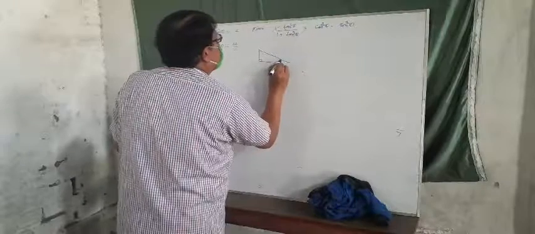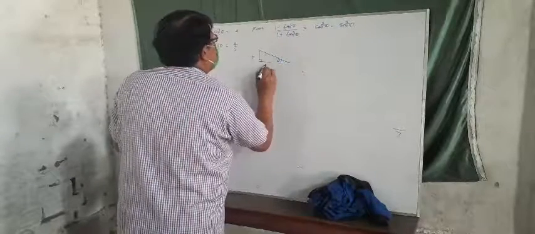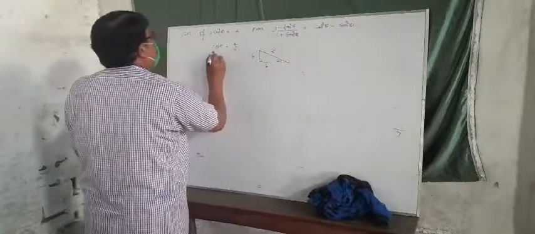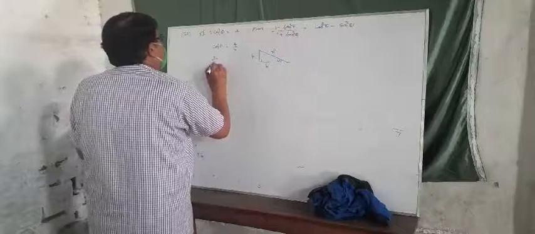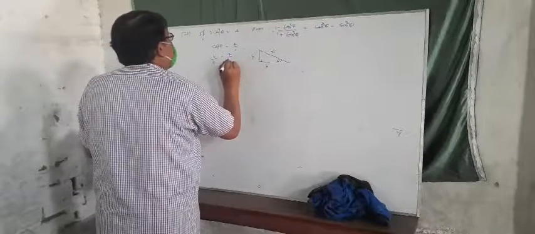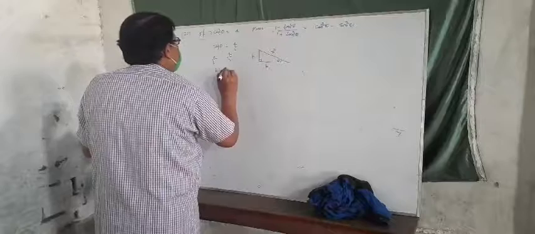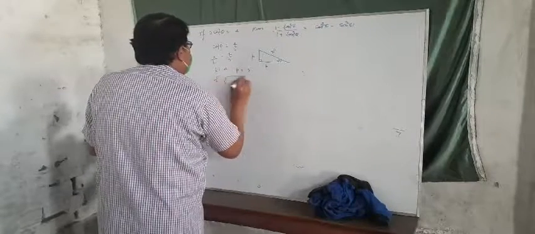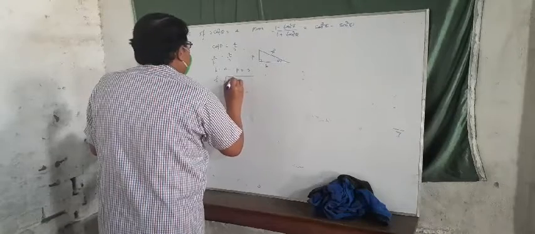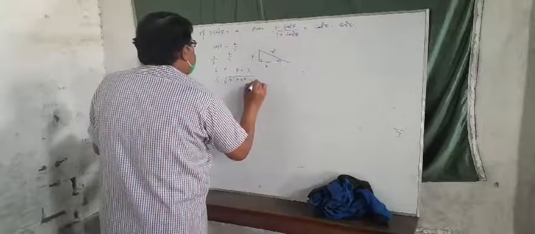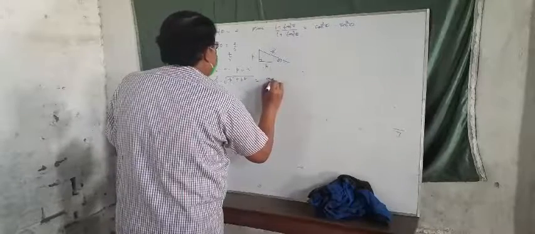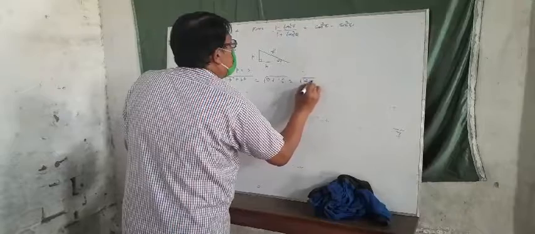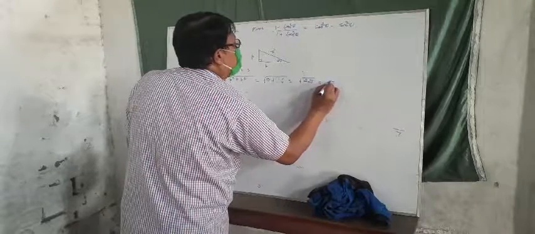This is 90, this is theta, this is P, this is B, this is H, and here cot theta means B upon P. 4 upon 3, B is here 4, P is 3. We will find H equal to root of P square plus B square. 3 square is 9 plus 16 is 25. Square root of 25 is 5.